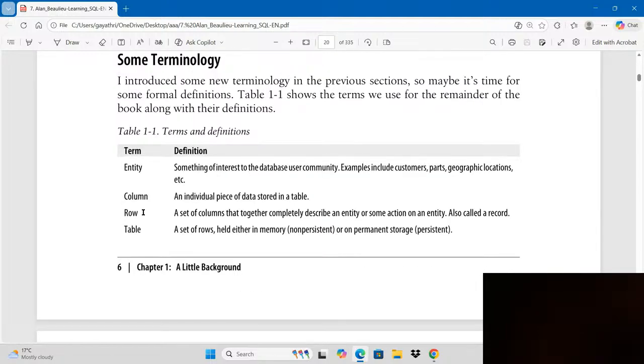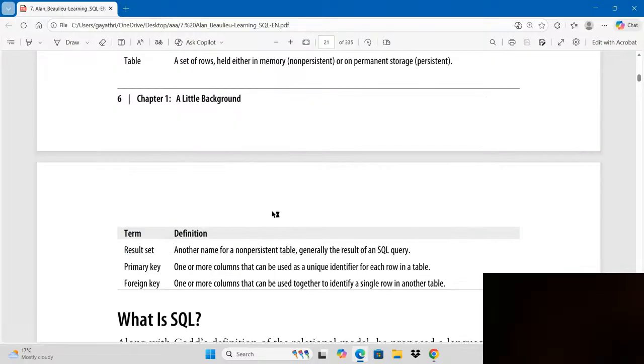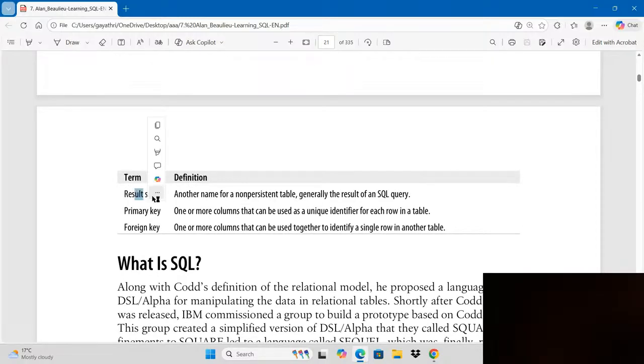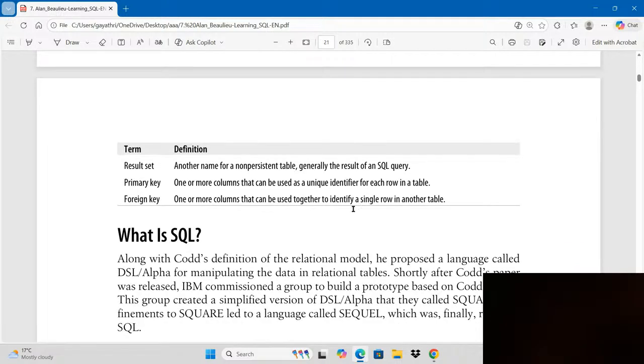Rows means the data is represented in the form of rows. Table is known as a set of rows. Result set generates the result of an SQL query. Primary key is used to uniquely identify the row, and foreign key is used to combine one or more tables.